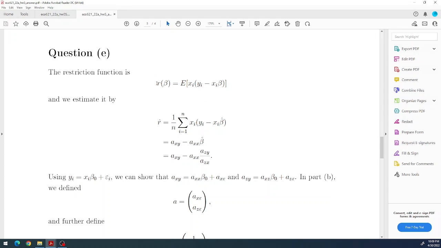And one comment here. Some of you have used the delta method. The problem with the delta method here is the function r is unknown. It's basically a population expectation, so you have to replace it with a sample average. So r should be estimated again by r hat. So the delta method does not work directly.